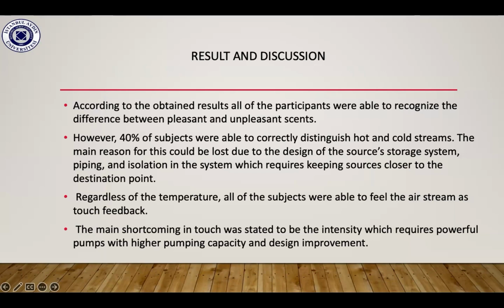So, results and discussion. According to the obtained results, the participants were able to recognize the difference between pleasant and unpleasant smell. However, only 40% of subjects were able to correctly distinguish hot and cold streams. The main reason for this could be heat loss due to the design of the source storage system, piping, and isolation in the system, which requires keeping the source closer to the destination point.